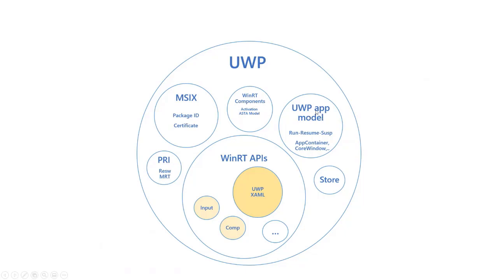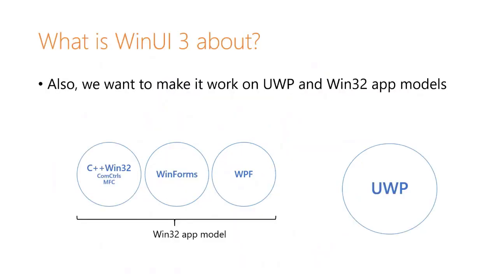More important, the way that the application behaves in the operating system, which is much more different than Win32. We run in an app container, we have capabilities, the application can be suspended and resumed, and this changes a lot.